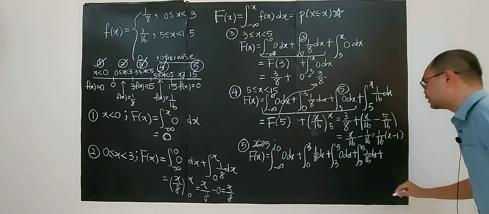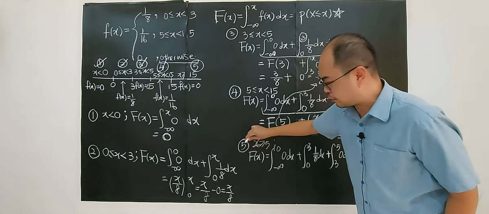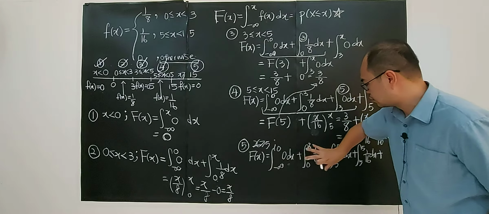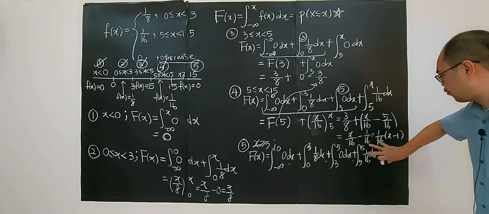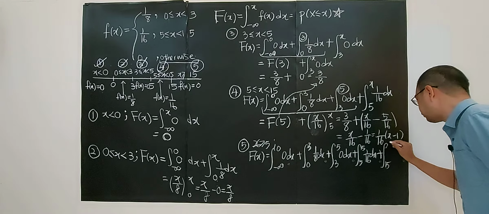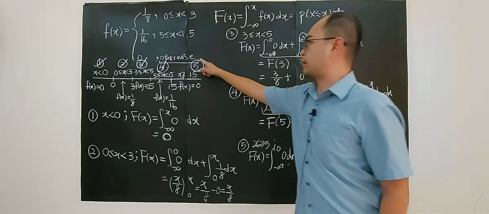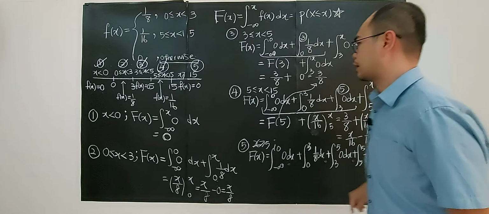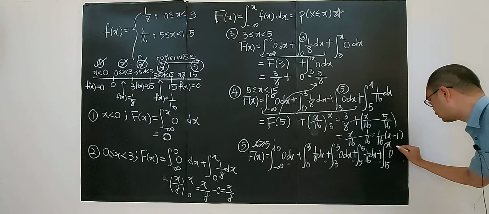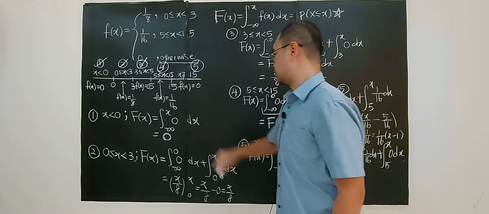And finally, because this is the fifth, you must have 5 integrals: 1, 2, 3, 4, 5. And the last one must be 15 up to x. I have not ticked, right? So 15 up to x. So during this time, your probability density is 0.